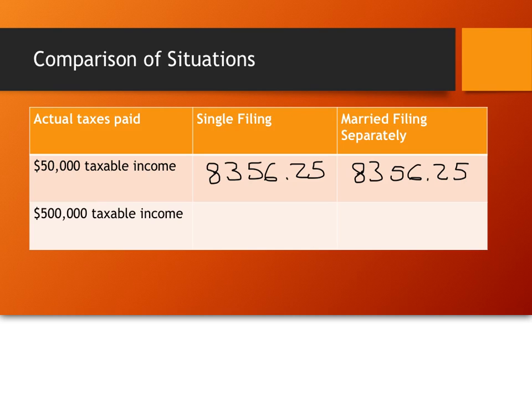Now, as a single person, if you made $500,000, then you would be paying $155.45. And if you married and filed separately, you would pay $171,376.45. Oops, that should be a decimal. Sorry, and that's a comma. All right.